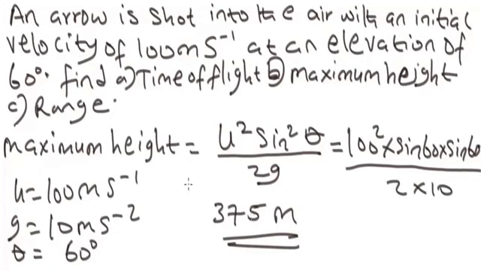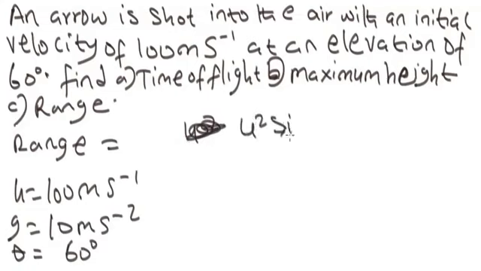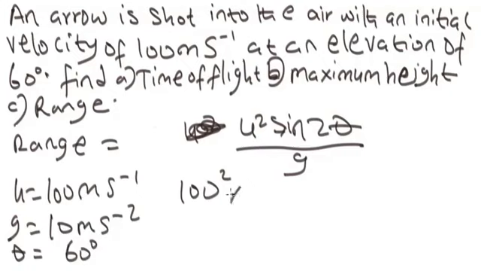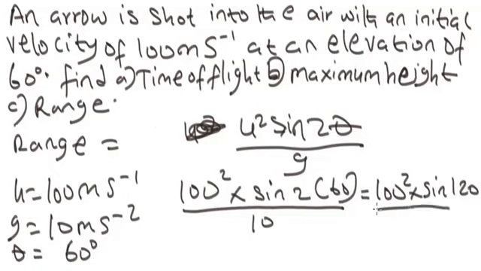Let's solve for range. Range is calculated using u square sine 2 theta over g. When you substitute, you have 100 square times sine 2 times 60, which is sine 120, over g, which is 10.